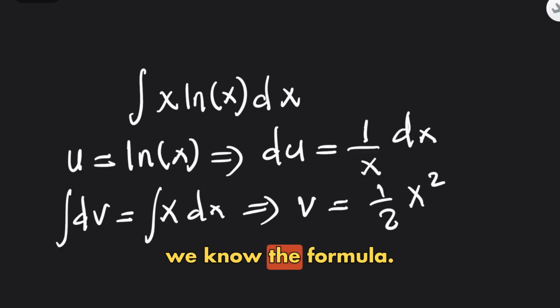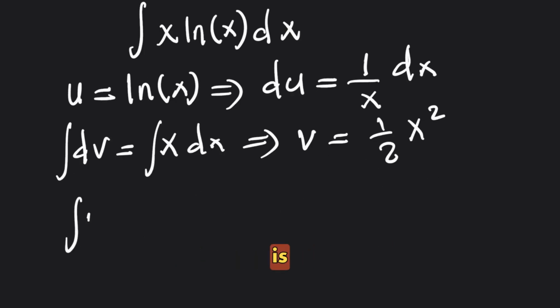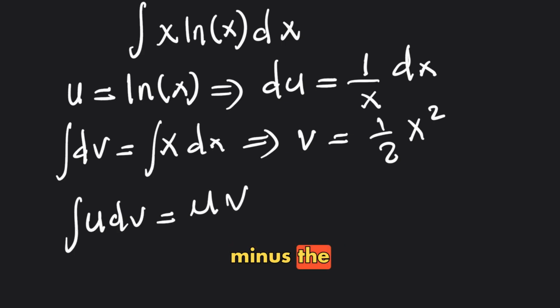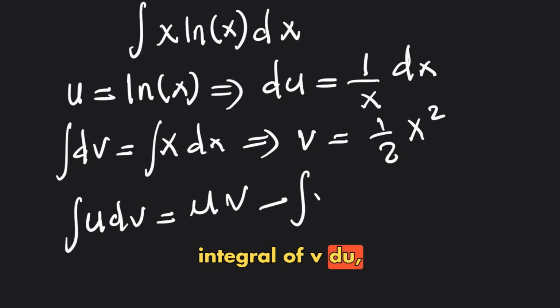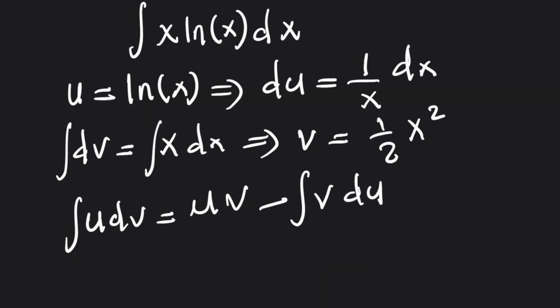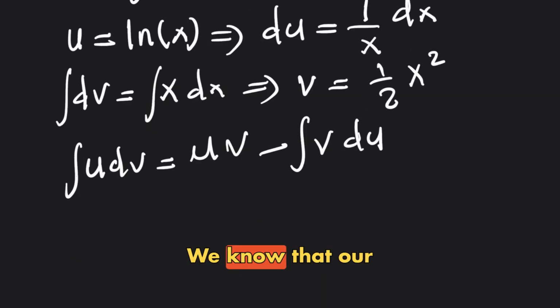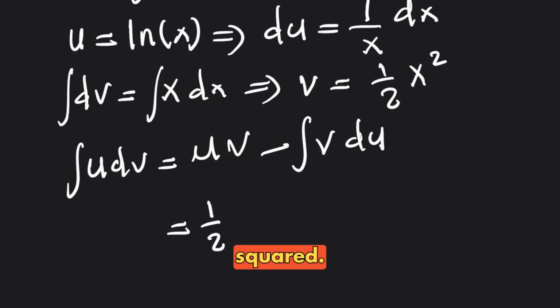Now, we know the formula for the integration by parts. The integral of u dv is given by uv minus the integral of v du, right? Okay, so what do we know? We know that our u is natural log of x and our v is 1 over 2 x squared.